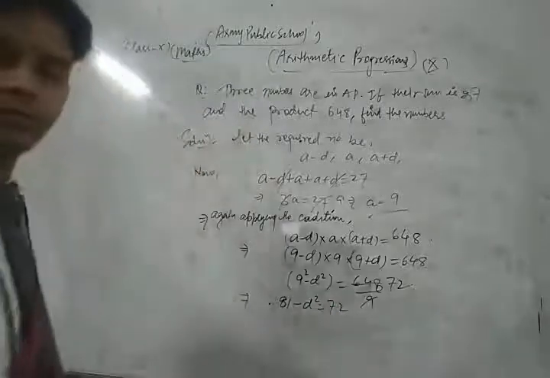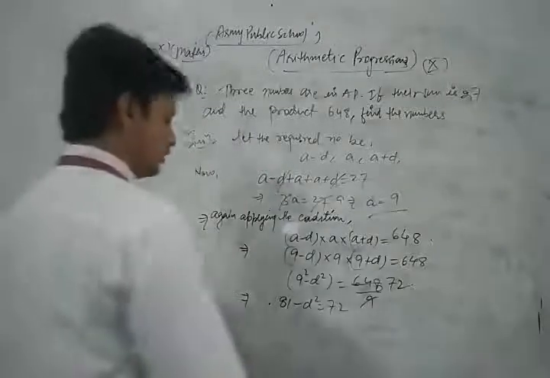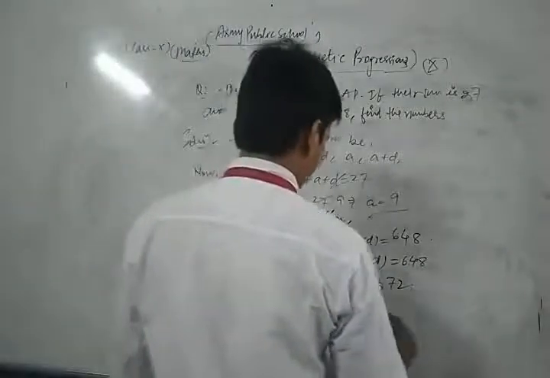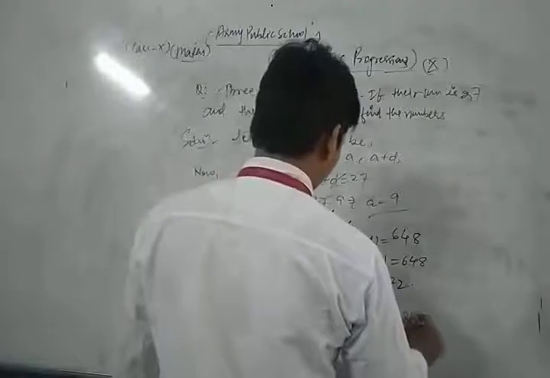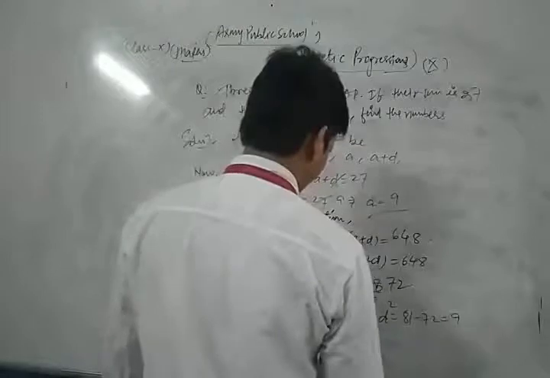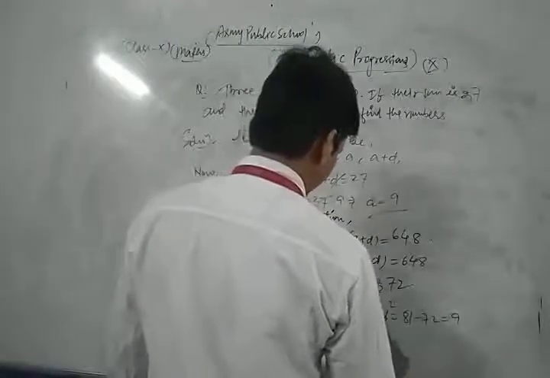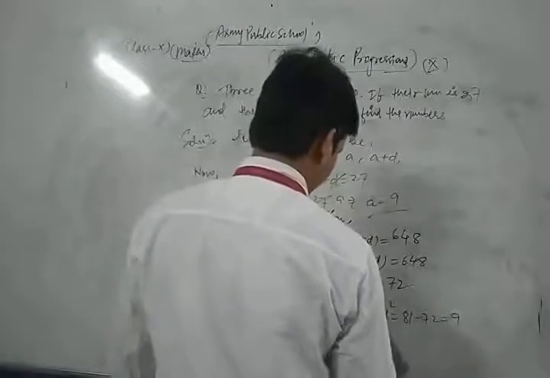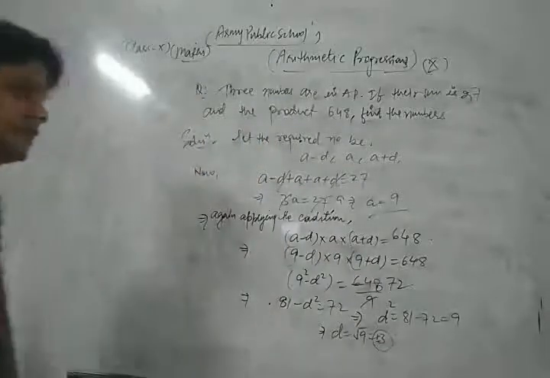Thus d square is equal to 81 minus 72, that is 9. Thus the value of d is square root 9, that is plus minus 3.